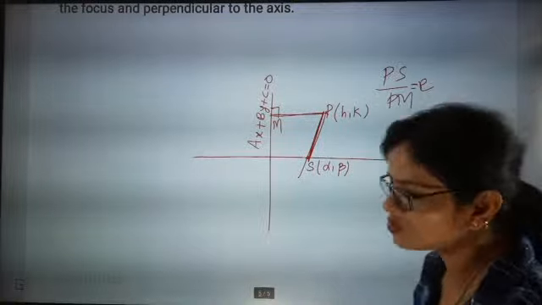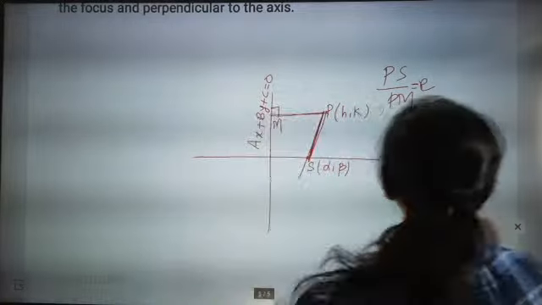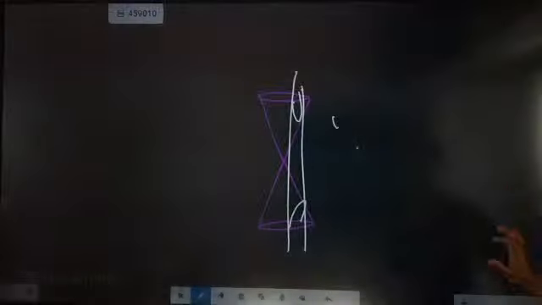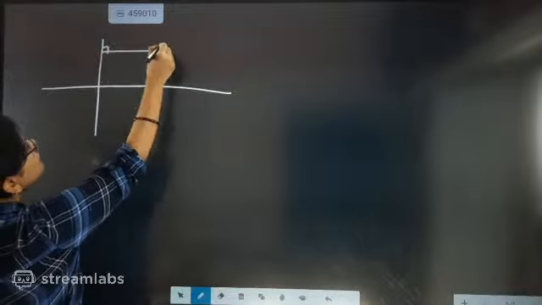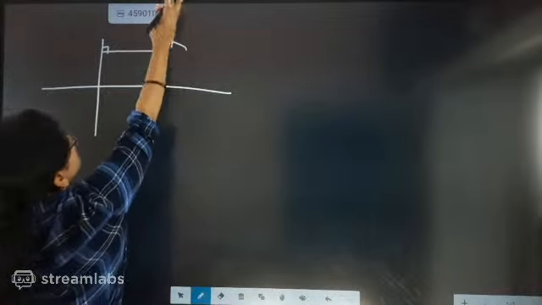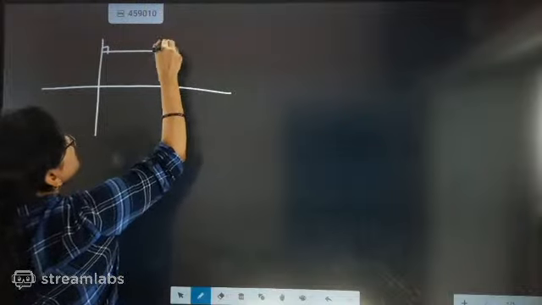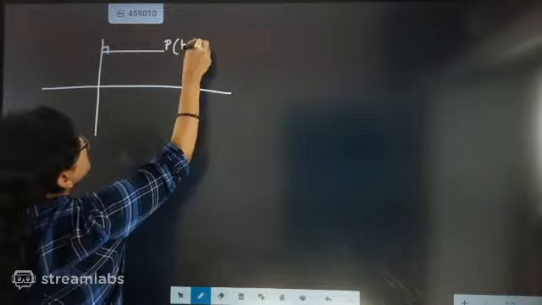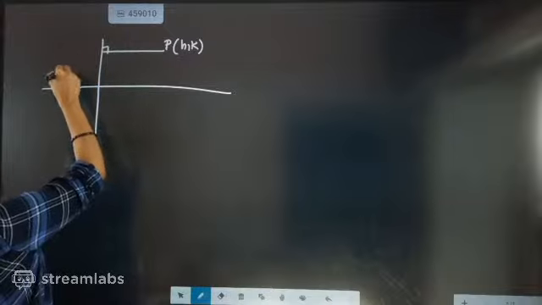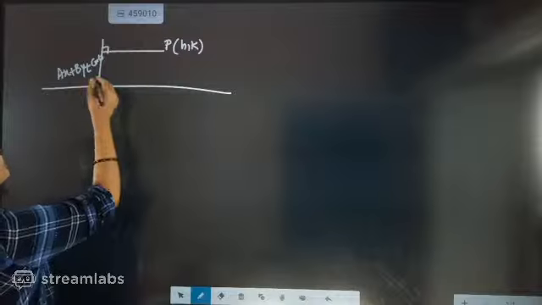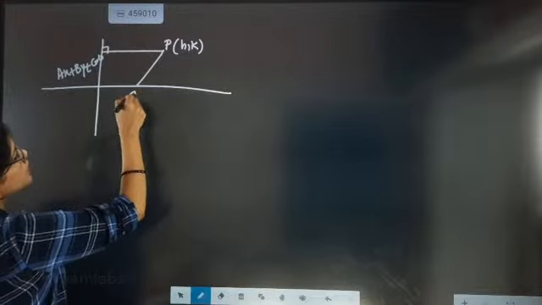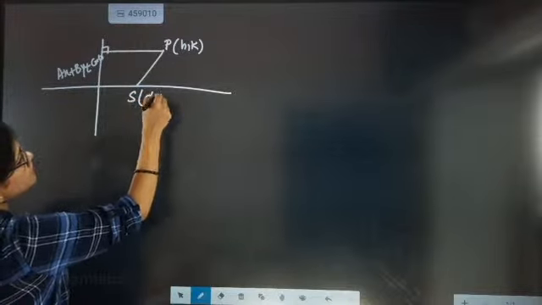From there, first we are going to create the general formula. The equation of the directrix, which is a line, can be written as ax plus by plus c equal to 0, and the focus point we will take as alpha and beta.